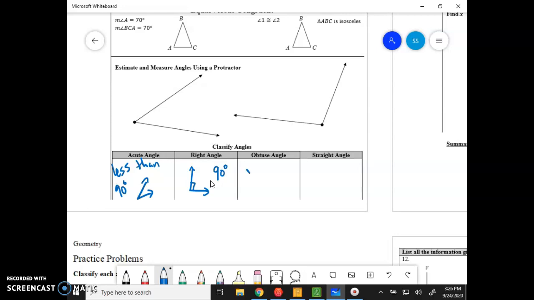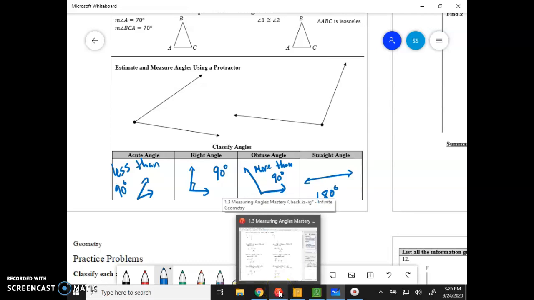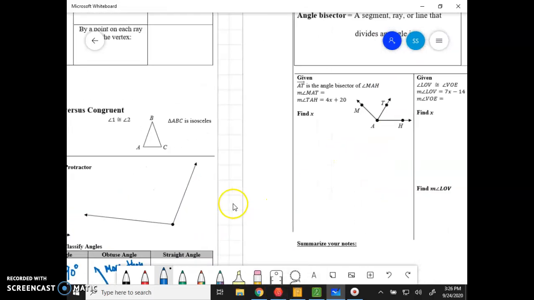All right. An obtuse angle is going to be more than 90 degrees, and a straight angle is just a straight line. And we call it a straight angle because a straight line is 180 degrees. All right. Okay, moving on.